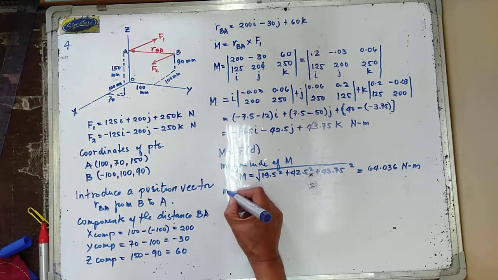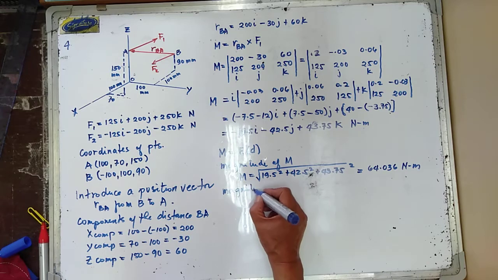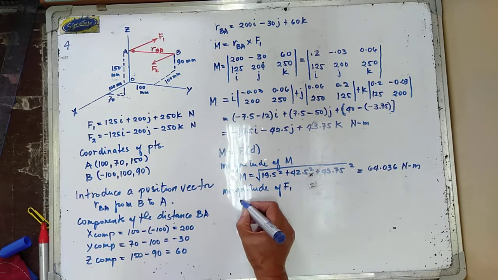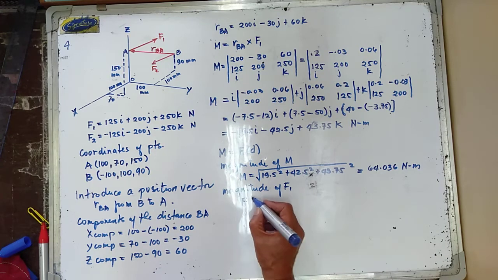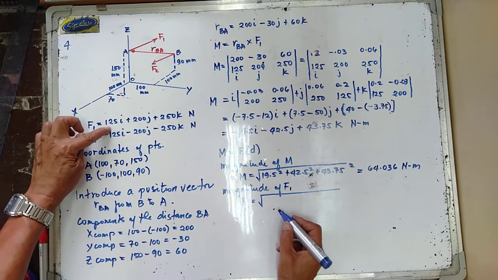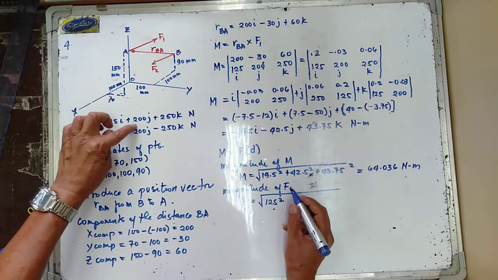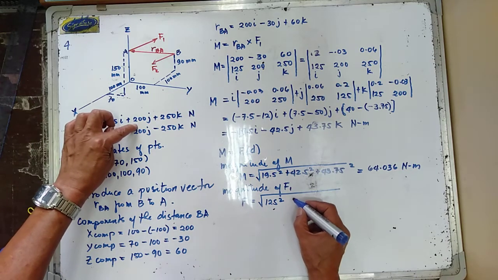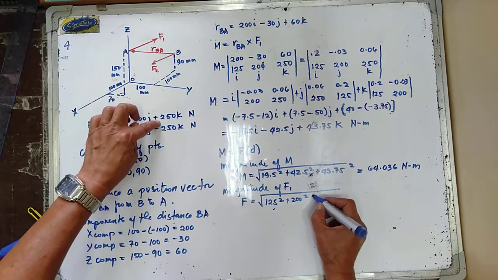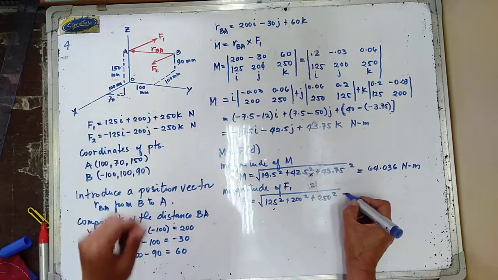Now, the magnitude of F1 is equal to the square root of Fx squared, 125 squared, plus Fy squared, 200 squared, plus Fz squared, 250 squared.